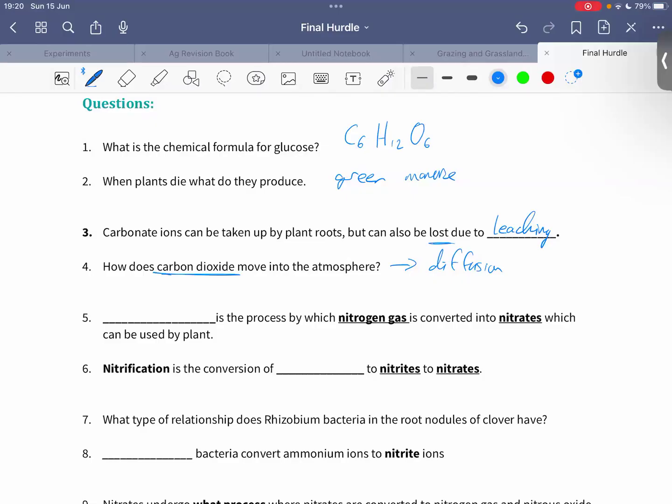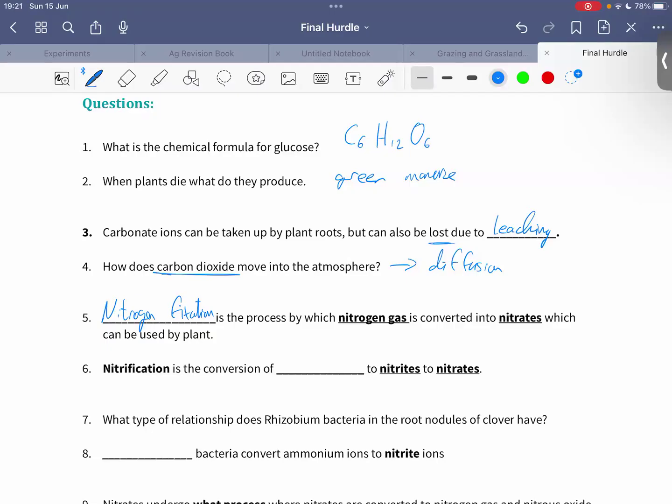Good man. Right. What process is where nitrogen gas is converted into nitrates by our plant? It's going to be by our clover. It's going to be by our rhizobium bacteria, and they are going to have a symbiotic relationship. Come on. We are flying it here. Nitrogen fixation. I hope every one of you is writing about it tomorrow.